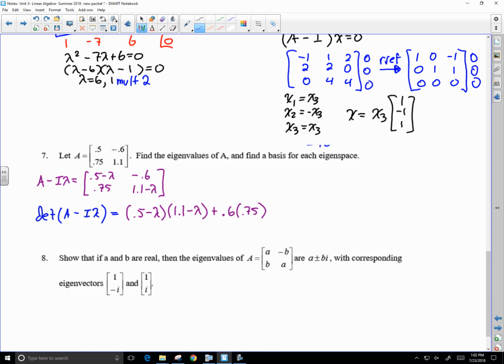All right, so that was a fun one. So 0.55 is the product of 1.1 and 0.5. And outer is negative 0.5 lambda minus 1.1 lambda plus lambda squared plus 0.6 times 0.75, 0.45.